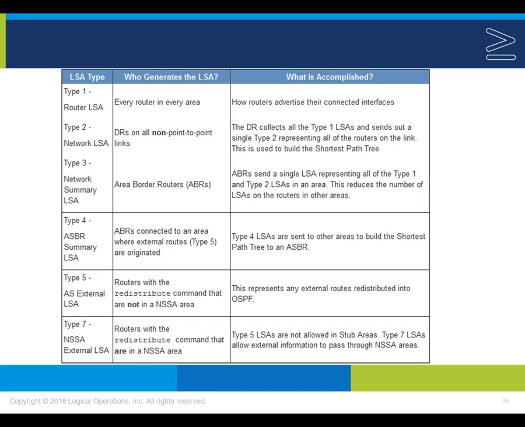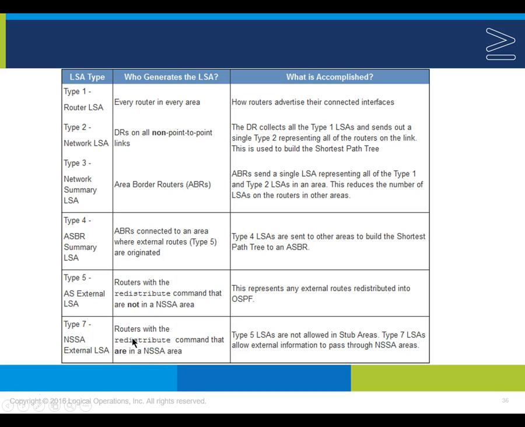We would go into OSPF and use a redistribute EIGRP command, and then it would accept the EIGRP routes, put a cost on them, and then advertise them to the other OSPF routers, so that we wouldn't have to have the same routing protocol running on all of the routers.